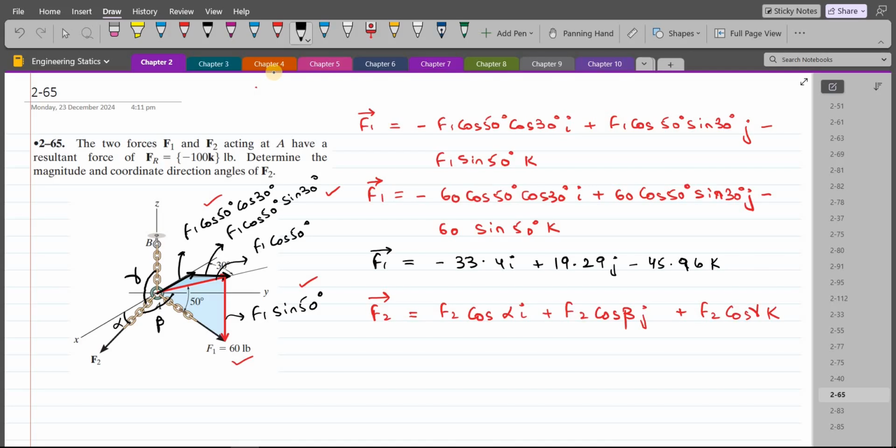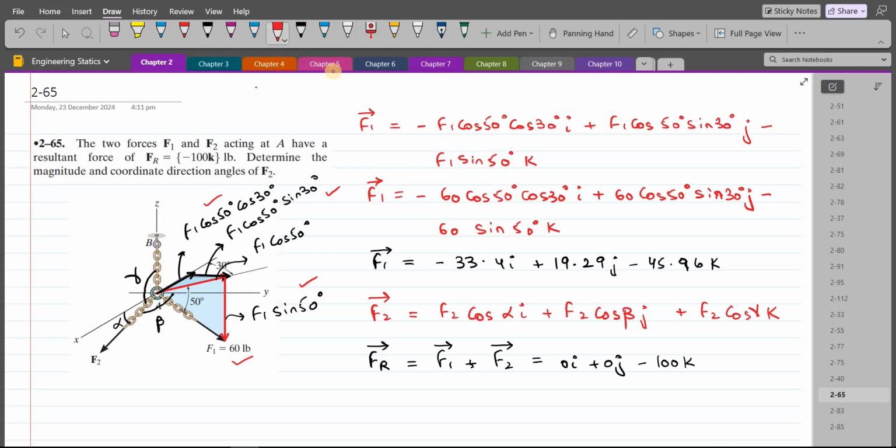We also know that the resultant force Fr is equal to the vector sum of F1 and F2, which is equal to 0i plus 0j minus 100k.